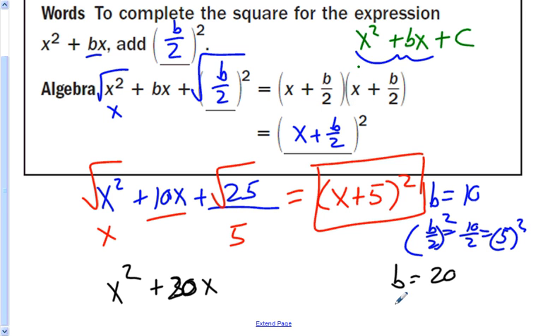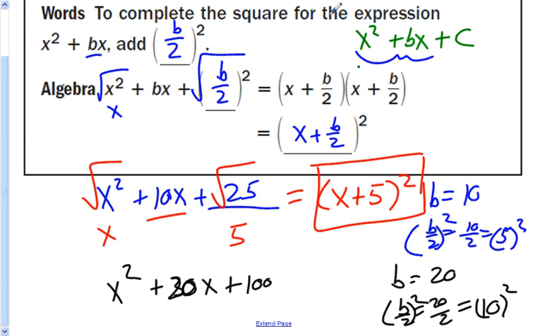Then I divide it by 2, which gives me 10. And then I take that b divided by 2 and I square it. So 10 squared is 100, and I add that onto the very end, and I've got a perfect square trinomial.